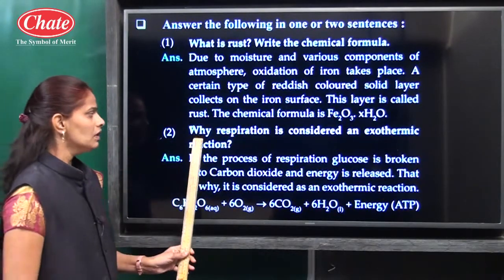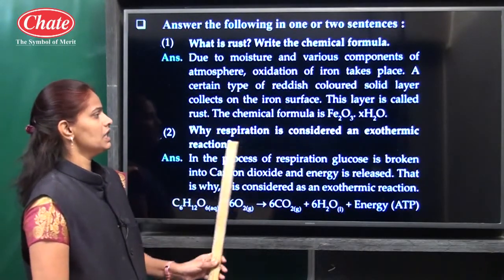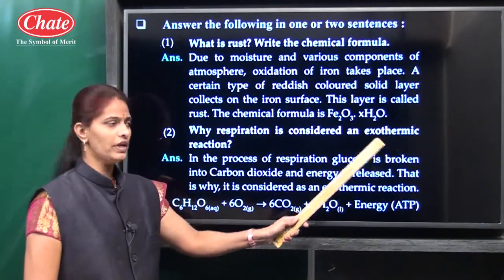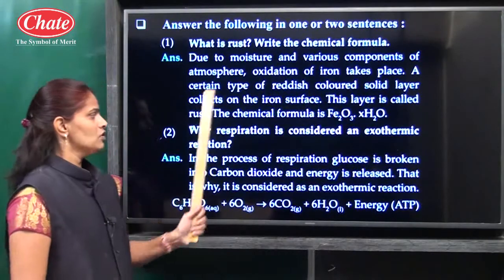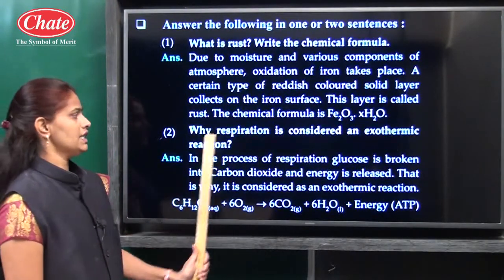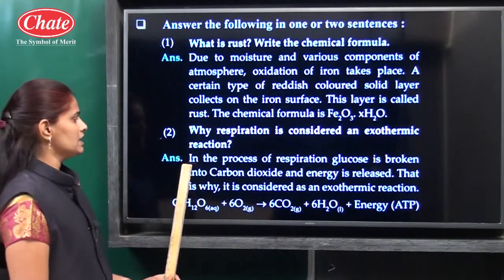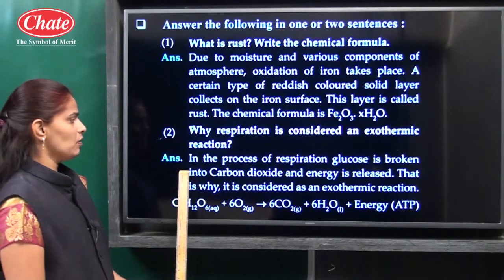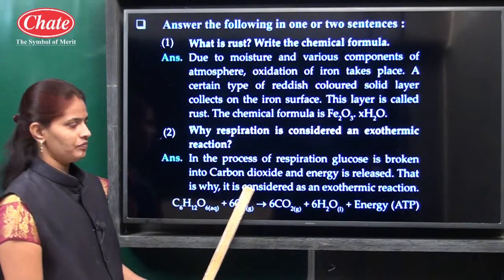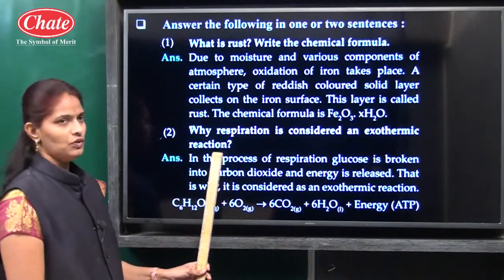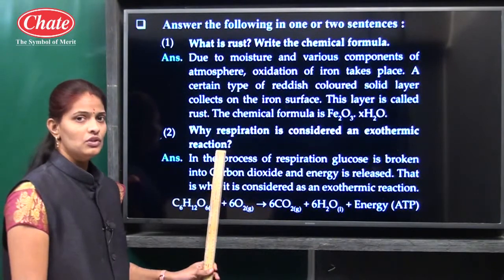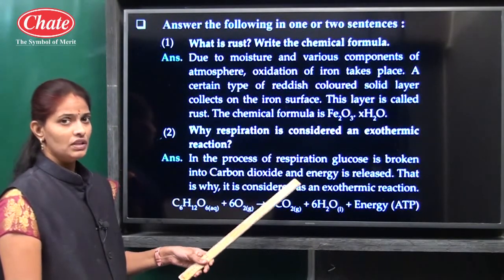Then, why is respiration considered an exothermic reaction? Exo means out, therm means heat. We know exothermic means heat is given out. So why is respiration considered an exothermic reaction? The answer is, in the process of respiration, glucose is broken down into carbon dioxide. Respiration means oxidation of glucose to release a large amount of energy.